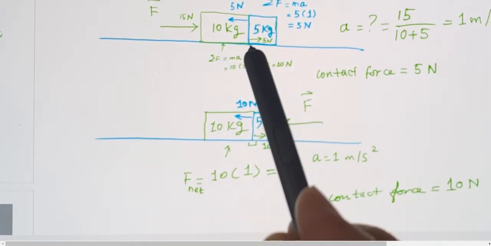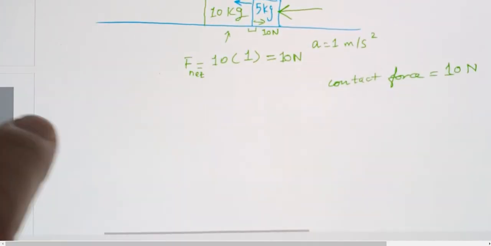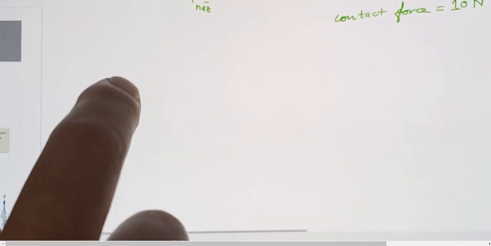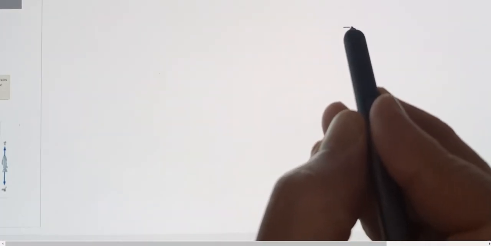And I'm talking about the contact force. Of course, if you have 3 objects, also it will be the same. Just you apply the same exact method. So I will just go through it very fast.